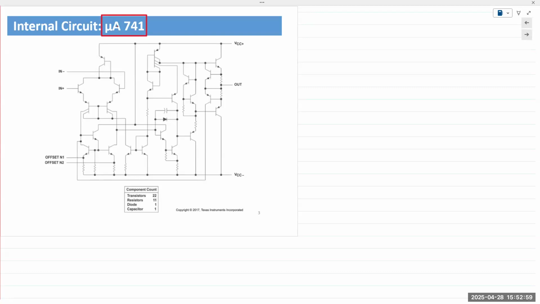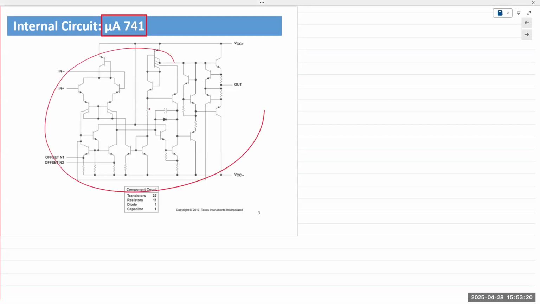The 741 was introduced in the 1960s by Fairchild Semiconductor and is still the gold standard today. When students first begin their journey as an electrical engineer, the 741 is the go-to chip. And then as you go into higher classes, you're going to learn about other op-amp chips, and you'll use other op-amp chips for a variety of applications.